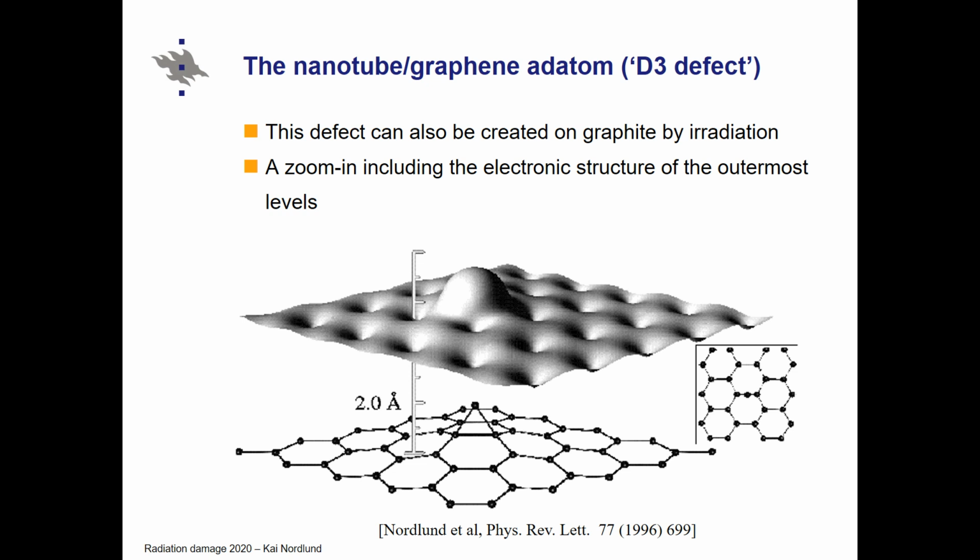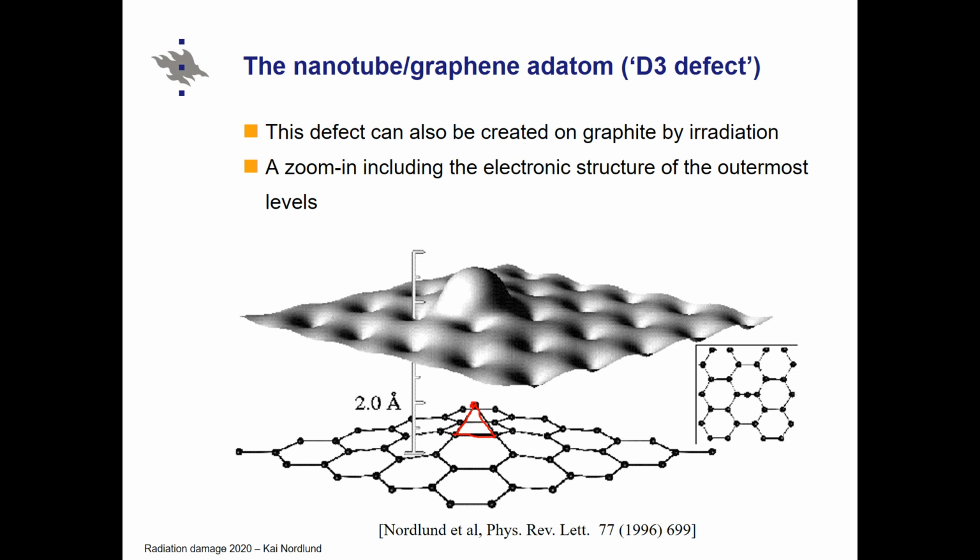And this also exists on graphene and regular graphite by irradiation. It was actually first found in simulations on graphite in the 1990s, where one saw this same triangular defect. The reason this is quite important for understanding radiation damage in graphite and graphene is that a single extra atom leads to a huge bump in the electron structure in the same place.